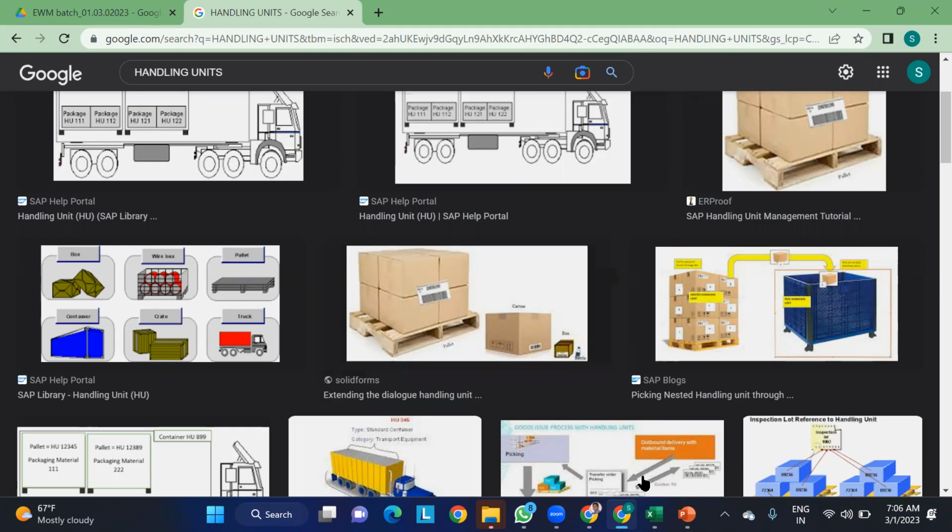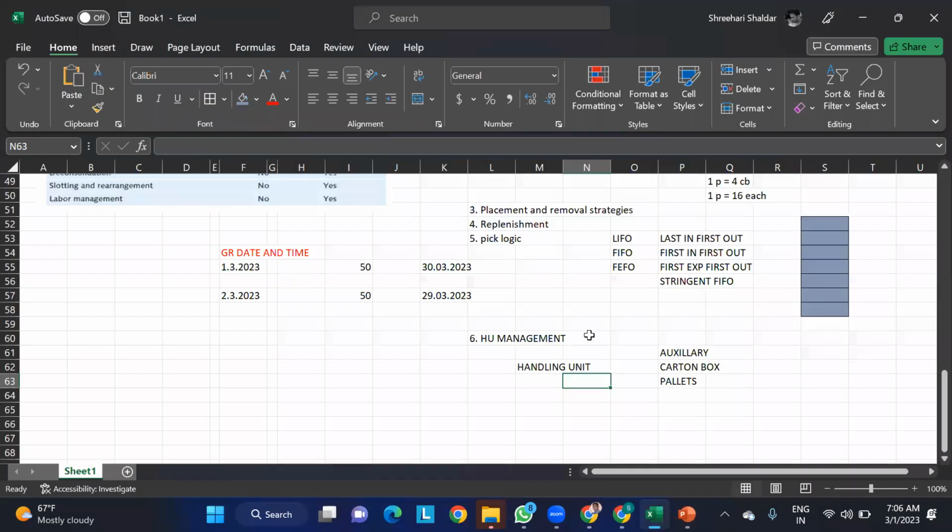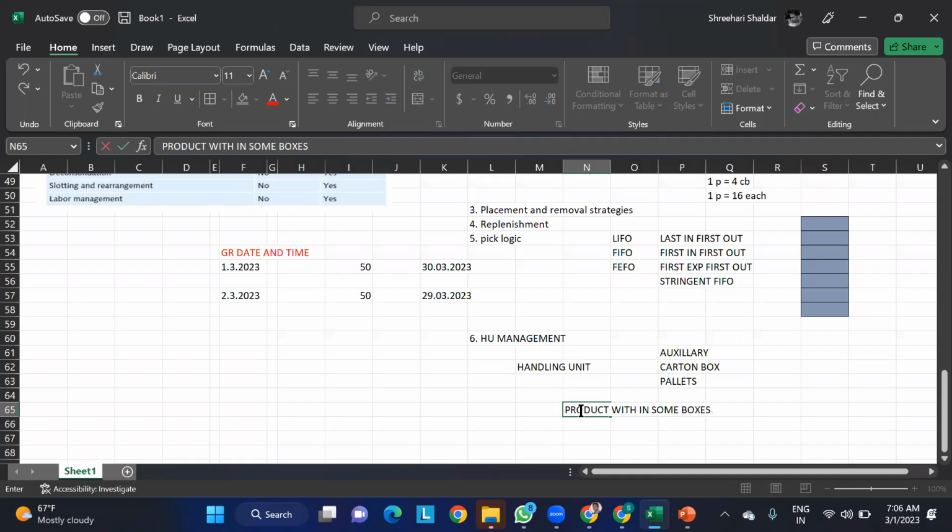We're going to discuss them, but a handling unit is nothing but a product within some boxes or pallets with a unique identification number.